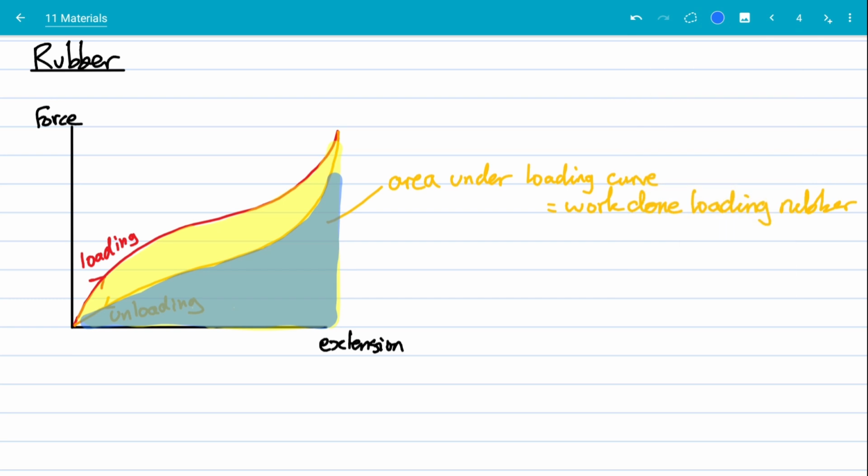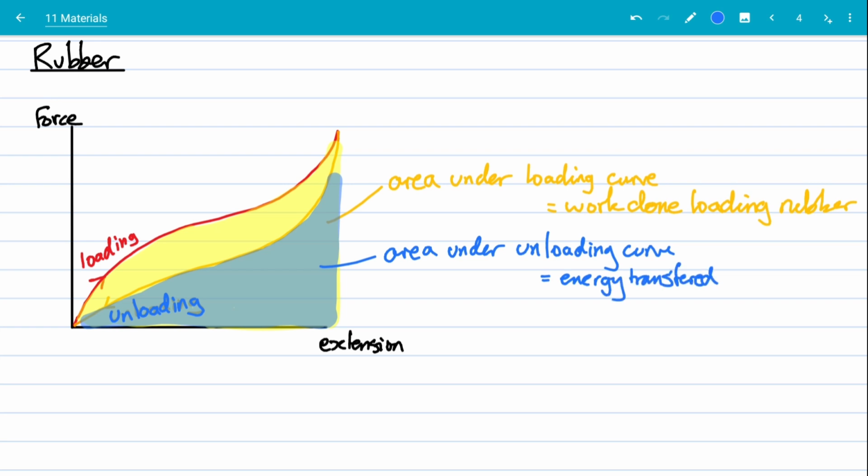And then we can say that the area under the unloading curve is equal to energy transferred or work done when unloading.